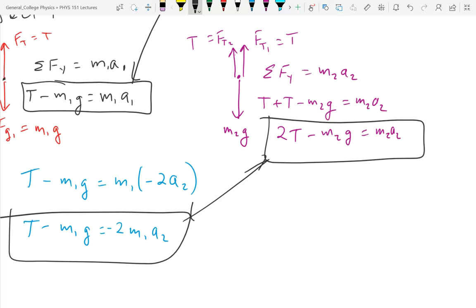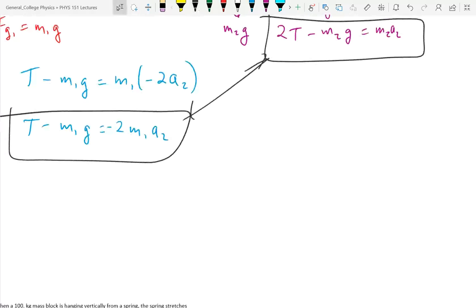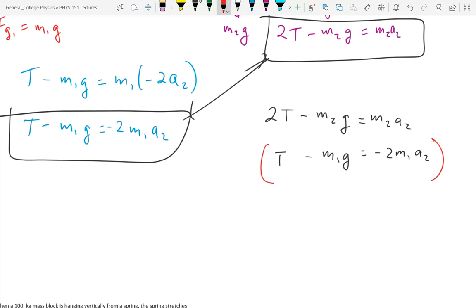I'm going to do a different method just so you can see that there's more than one way to do this. I'm going to take these two equations and stack them. And then I'm going to take the lower equation, multiply it by 2, and subtract the two equations.